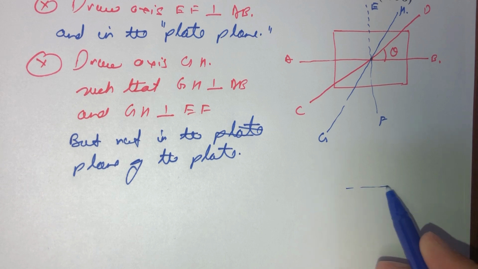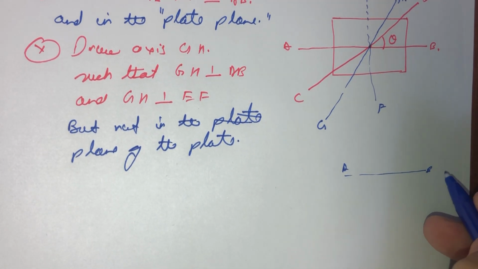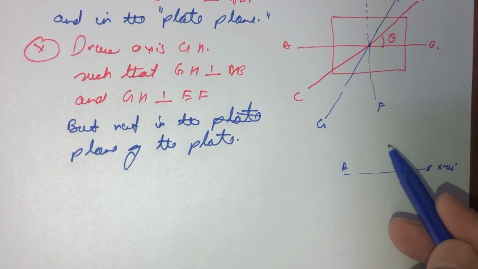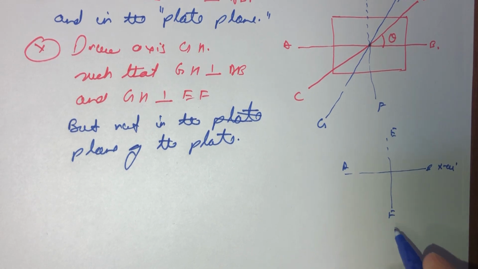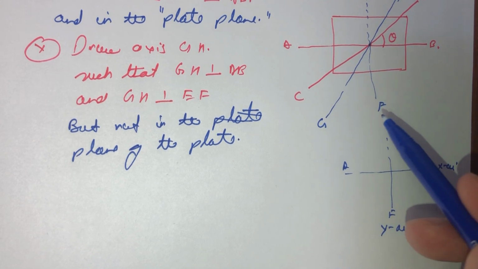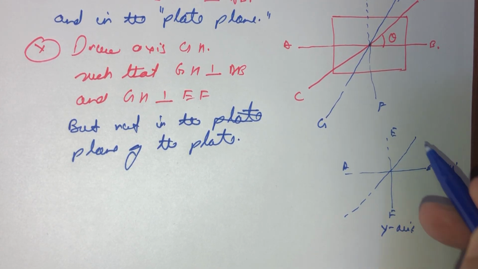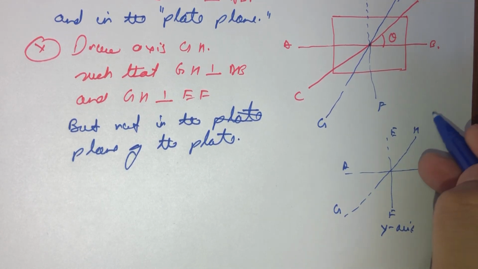So here basically what we did, we were given AB, and let us say AB is a representation of the x-axis, and we constructed EF, which is the y-axis, and then we constructed GH, which is the z-axis.